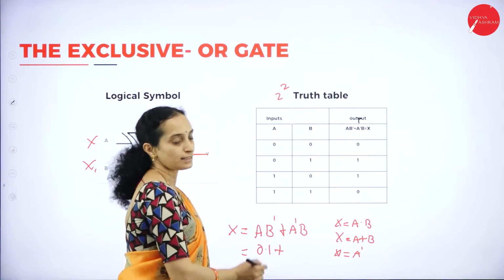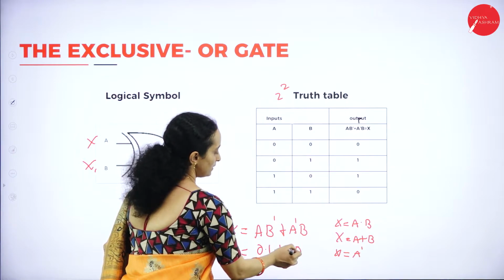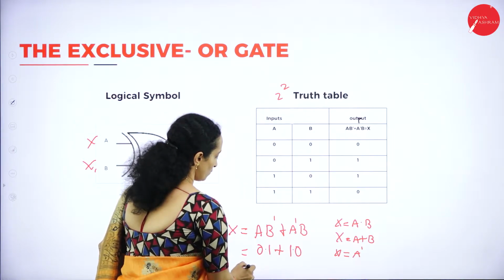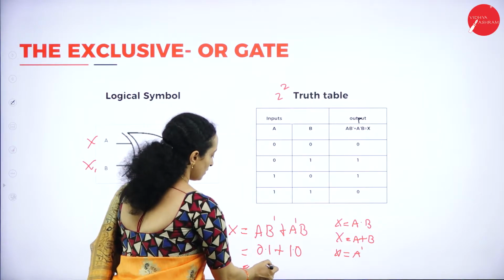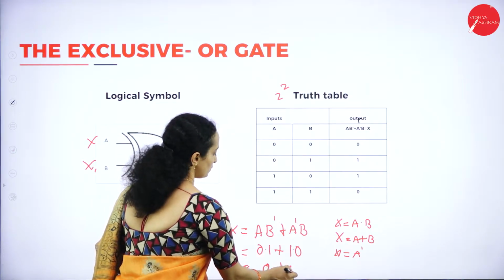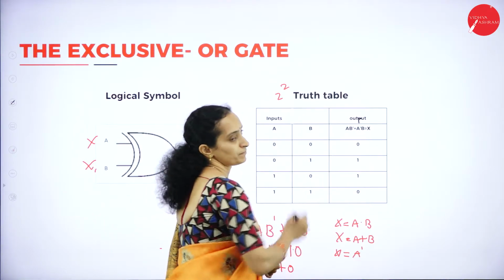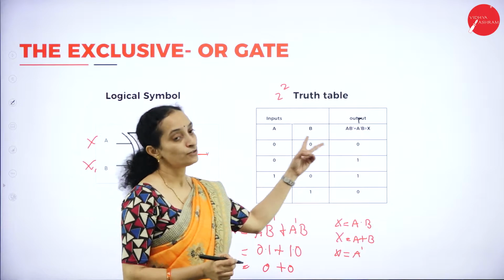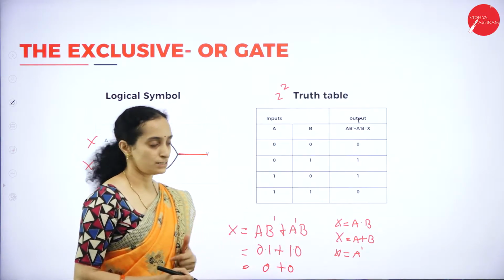A dash, 0 complemented, is 1 and B is kept as it is, 0. So 0 into 1 plus 1 into 0. If you apply the AND operation on this, both will be zeros, isn't it? So the output of the XOR with both inputs 0 will give you the output 0.